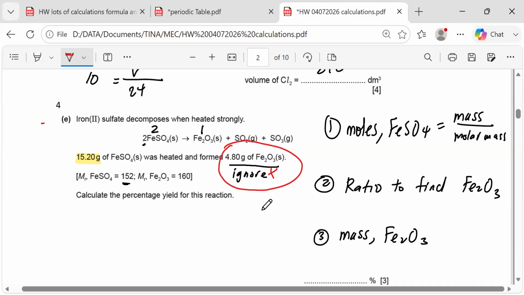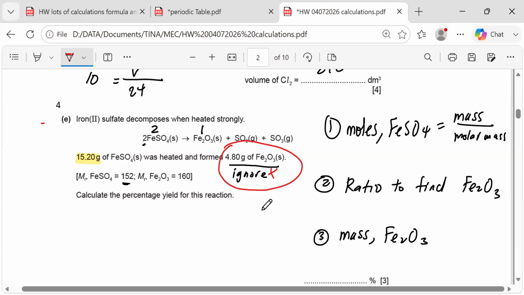Yes, 0.05 is the mole. Do you have the molar mass? So can you find the mass?